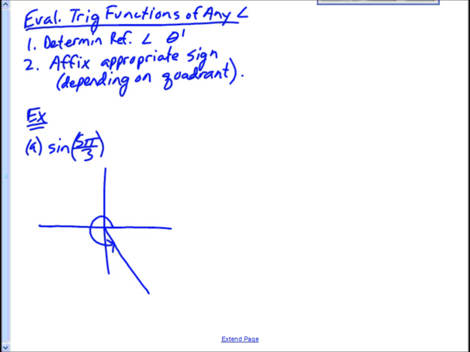Sine of 5 pi thirds. So theta is 5 pi thirds, or 300 degrees, right? So the question then becomes, well, what's theta prime? How much more do I need to go to make it all the way around to 360 degrees? Well, 60 degrees, right? So now you're going to make this into a right triangle trig kind of problem here.